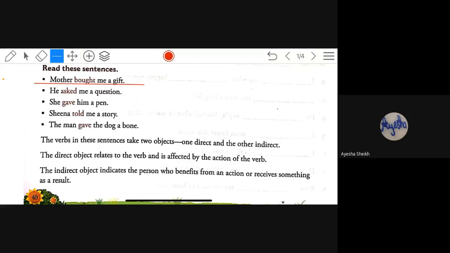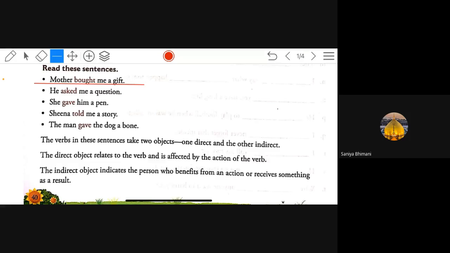See, it is highlighted. Which are the two objects of the verb bought? Me is indirect and gift is direct.